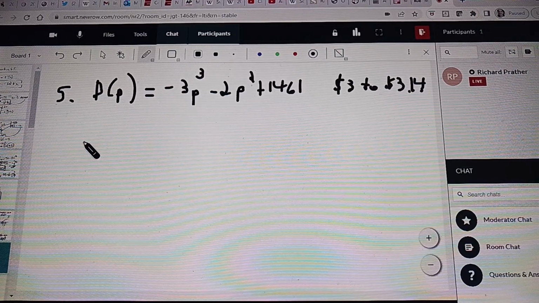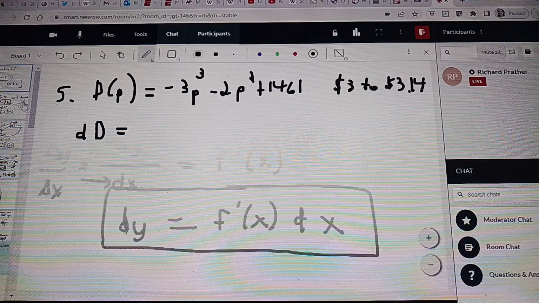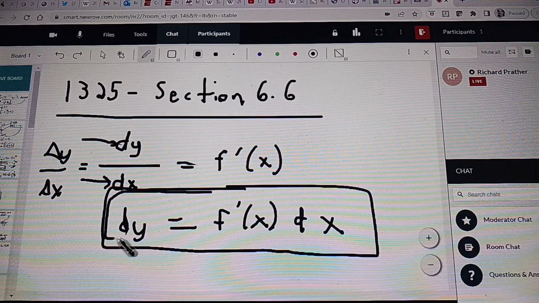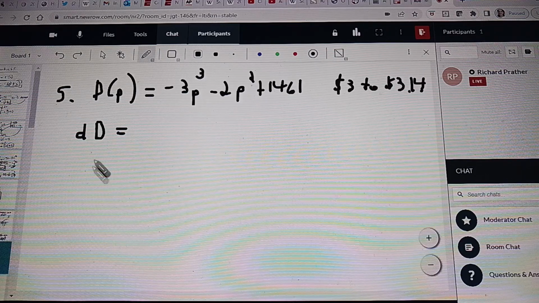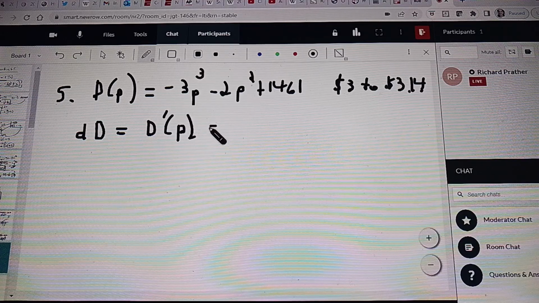Okay, so I want to do the derivative of demand. That's like the y variable. What we're trying to do here is this, but in these other variables. The derivative of demand is the derivative of price times the small change in price.